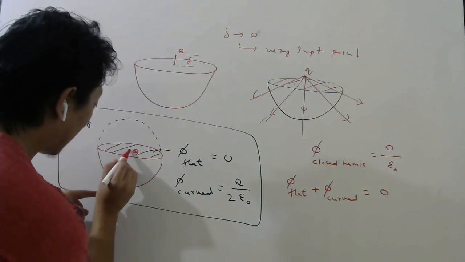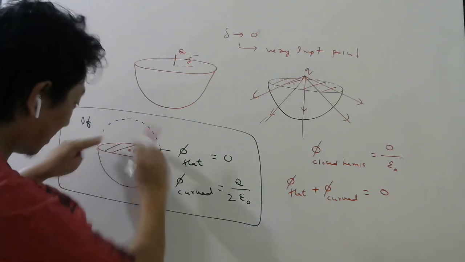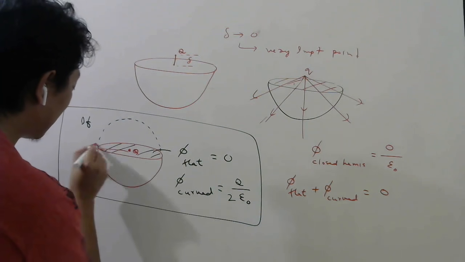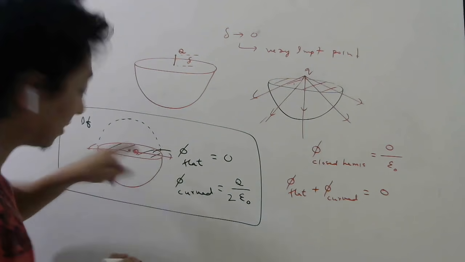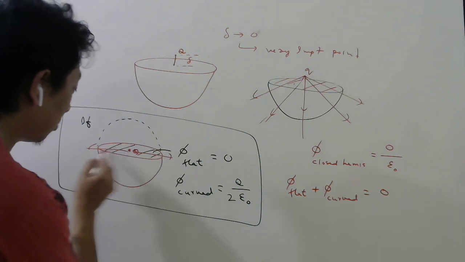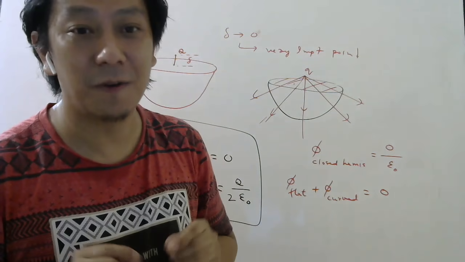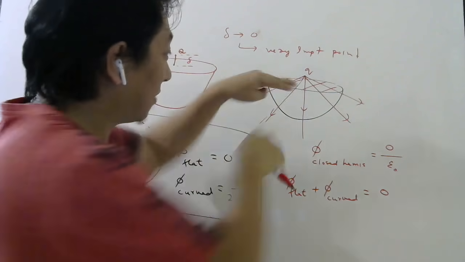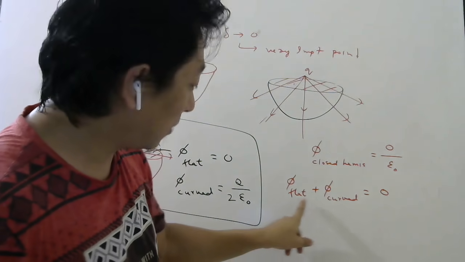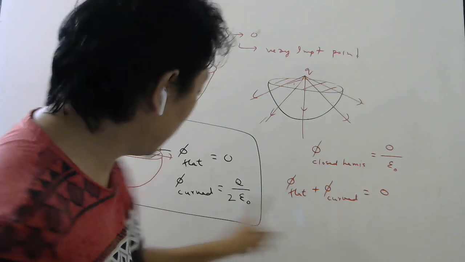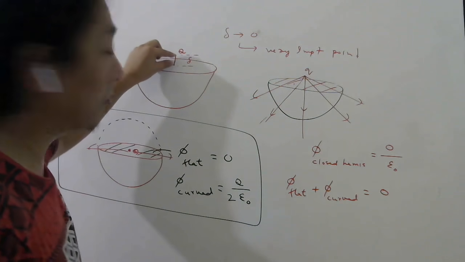See, if it was exactly at the center of this surface, then all these lines would be parallel to this surface, so there would be no electric flux through it. But if it is kept slightly outside, there will be lines cutting this surface inward, so this will not be 0, but this value will be the same as this because this is almost 0.